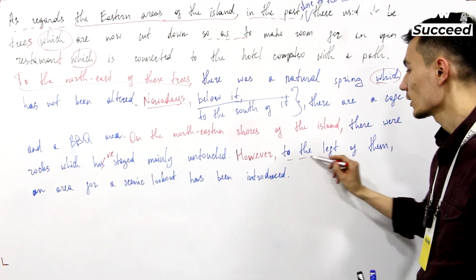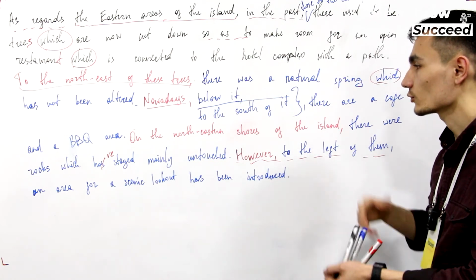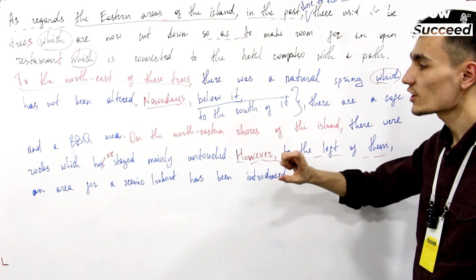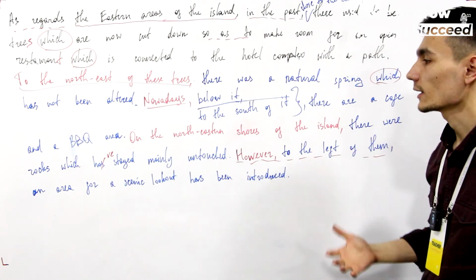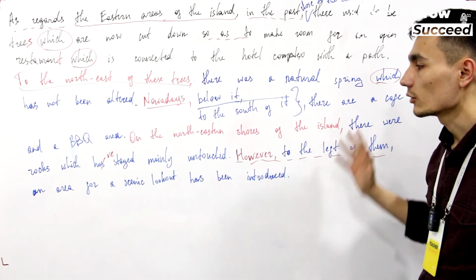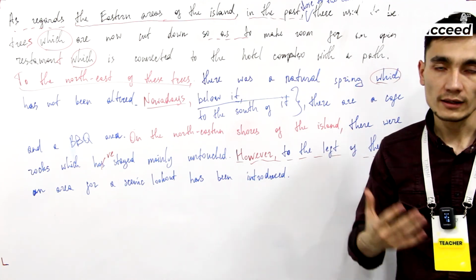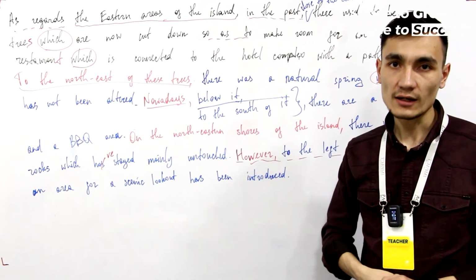This part was interesting. However, it adds the sentences and gives contrast between no change and change, and to the left of them is a location to show where exactly this place or area for a scenic lookout has been introduced. Then we have to give our last change, which is a cycle path.